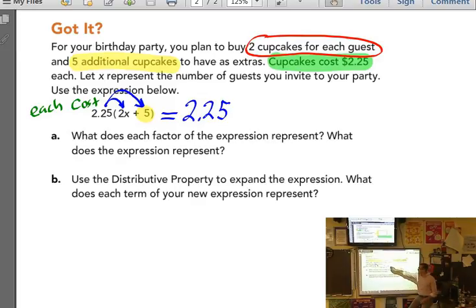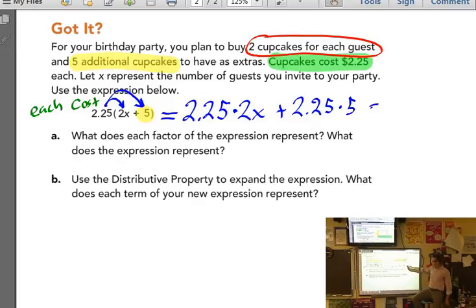Yeah, times the 2x. Then I grab my operation from between them, and then what do I have? Yeah, exactly. Then, yeah, 4.5x plus 11.25.